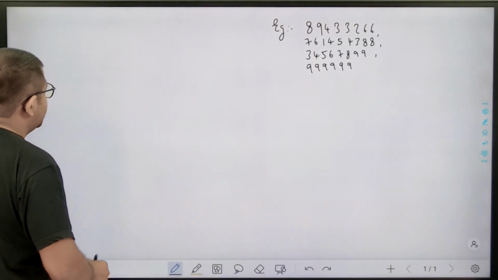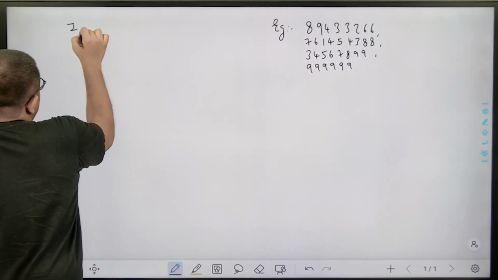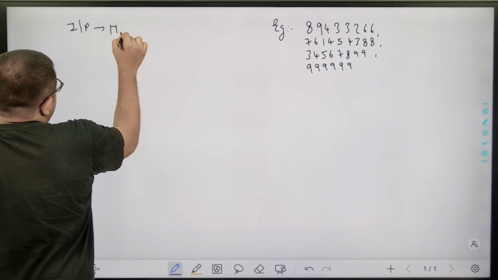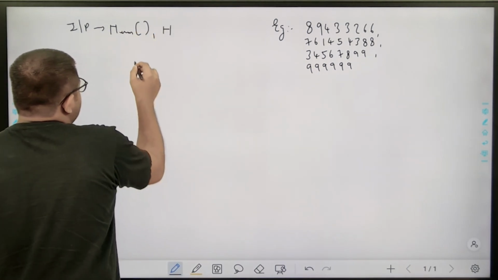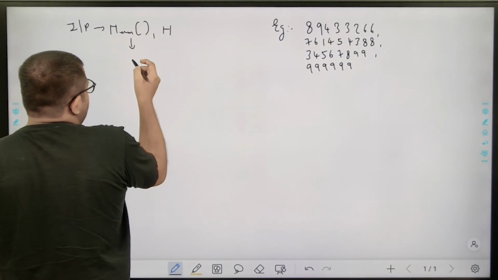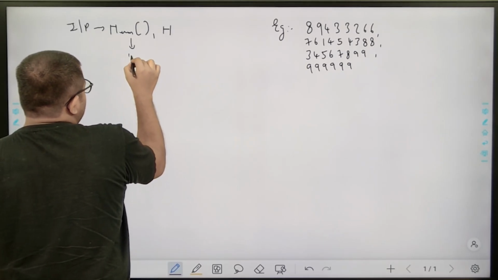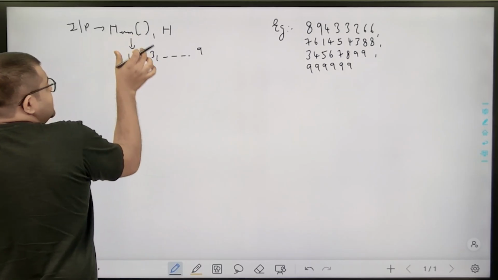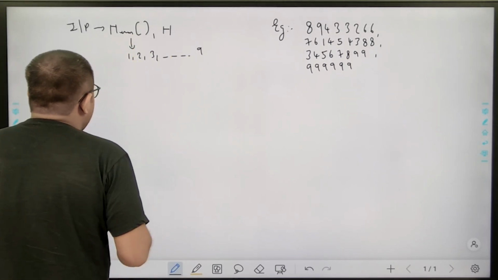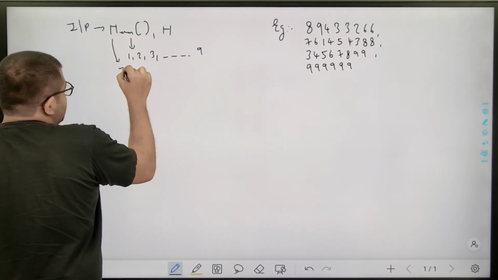So basically what they are saying is that in the input we are given an array num which contains n number of elements, and the elements in this array are nothing but the digits from 1 to 9. So 1, 2, 3 up to 9. The elements in this array will be any one of these, and this basically represents a number.